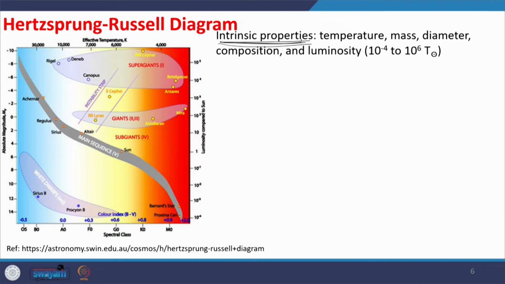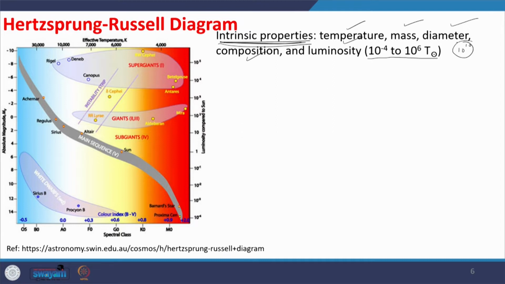of the stars. And when I say star, which is an entity having a large number of nuclides, it is some kind of plasma, you can say. So, each star has its own temperature, mass, size, chemical composition and luminosity. Here you need to remember the luminosity is ranging from 10 to the power of minus 4 to 10 to the power of 6, about 10 to the power of 10 difference, right.